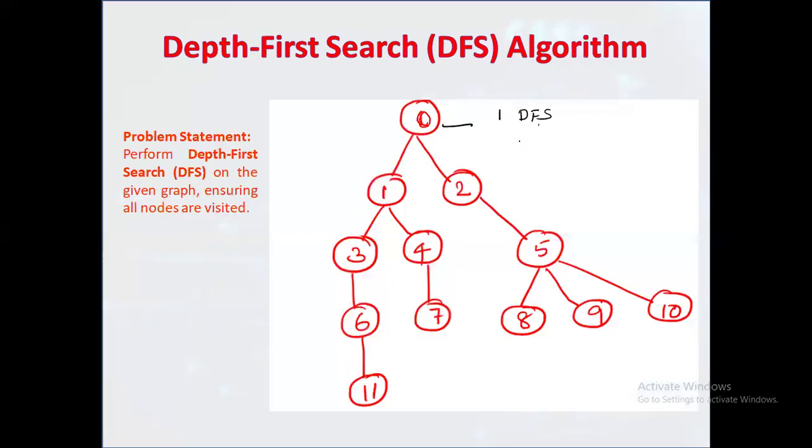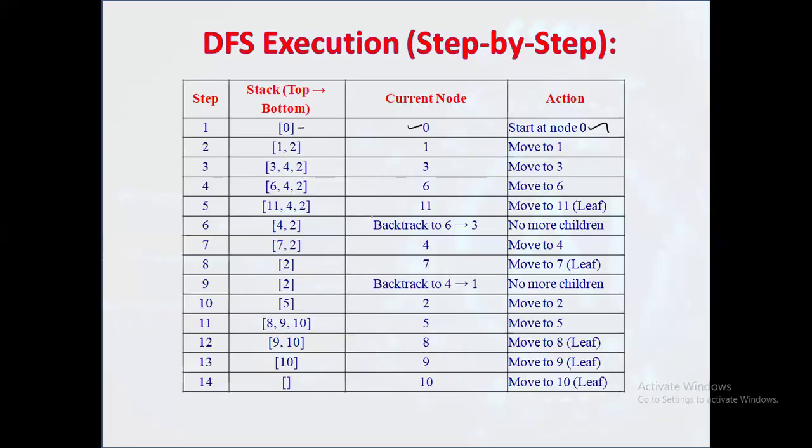The second step is from 0 to 1. Move to node 1. Node 1 is pushed onto the stack and the algorithm moves from node 0 to 1, exploring the next child.